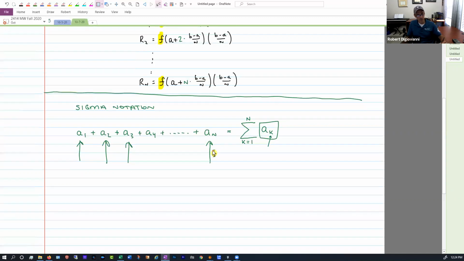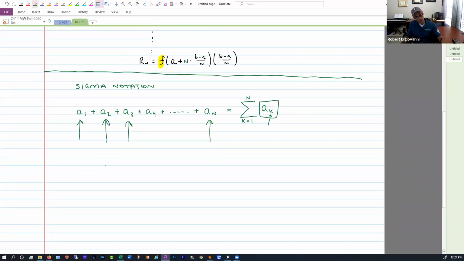Okay, let me see if you understand this. If I write this, what would this be? So you start with k being 1, you plug it in here, you get what? 1 squared, which would give you 1. Plus, now let k be 2.